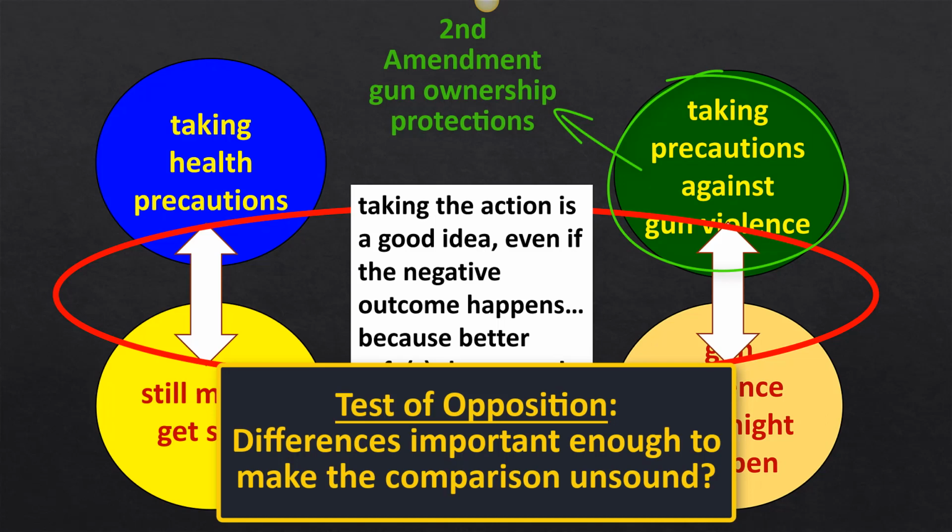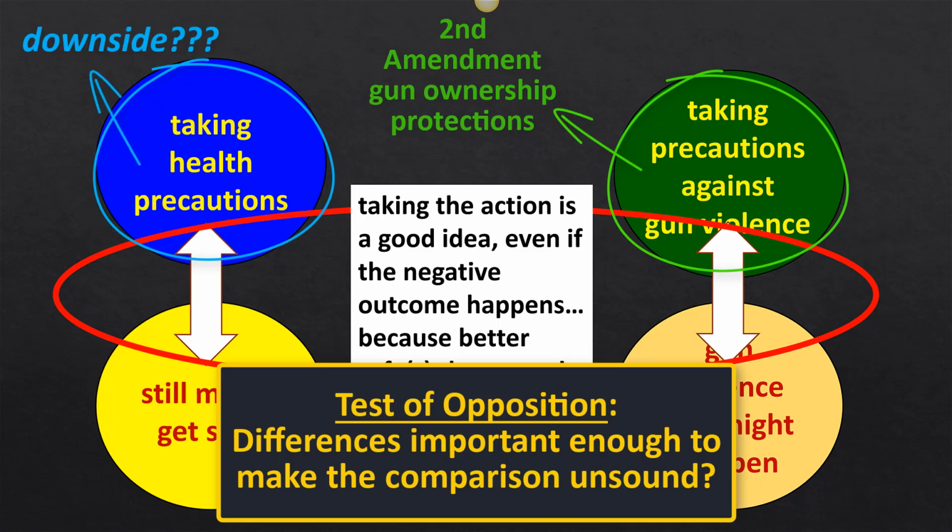Whereas when it comes to taking health precautions, it's really difficult to find examples of circumstances under which taking health precautions would be inadvisable, or where there would be a significant downside or a risk to taking that health precaution. So somebody looking at this argument critically might say, well, from the standpoint of the test of quality, there does seem to be a significant similarity in the relationships between these items that sounds like it makes sense.